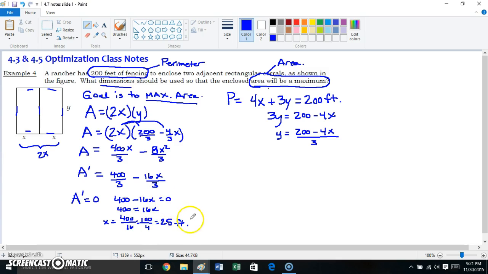I'm hoping that the 25 feet is a maximum. So let's create our first derivative number line and put our critical point of 25 on it. That's a 0 on my derivative.